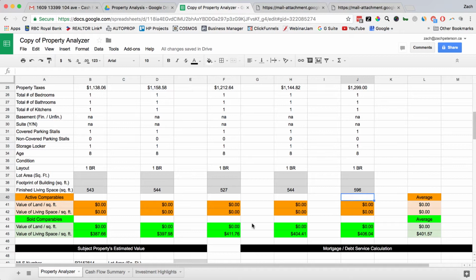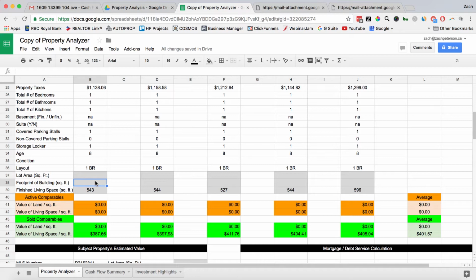Now this is for condos, so there's no lot area and there's no footprint of the building. But if you were doing this for a house, you would put in the square footage of the lot size here, and then the square footage of the main floor of the house here.